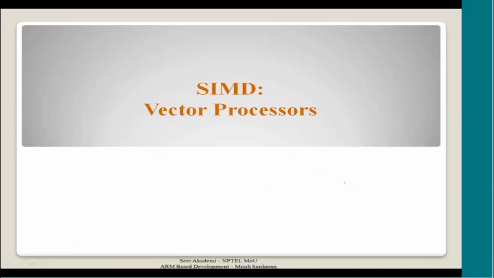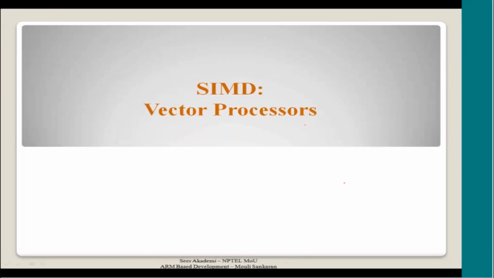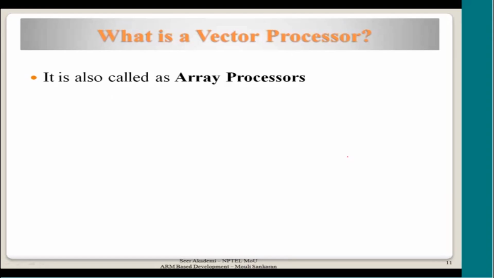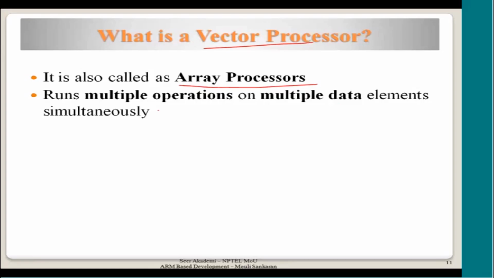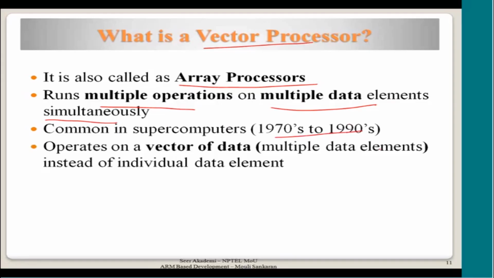So this is just to give you an overview, and then let us see what is a SIMD processor. SIMD processor, also called a vector processor or an array processor, runs a single operation, such as an add operation, on multiple data simultaneously. That is very important, and it is common. It was common in the 1970s to 1990s as a supercomputer.